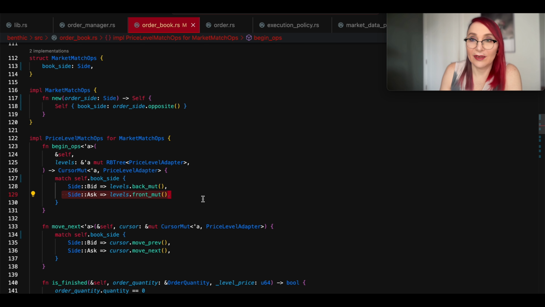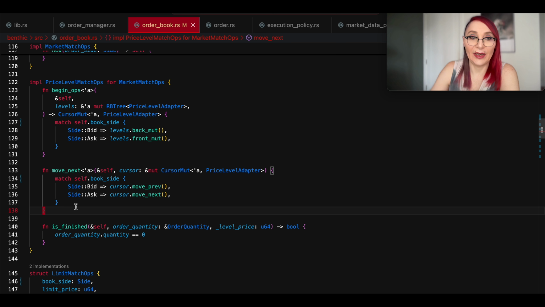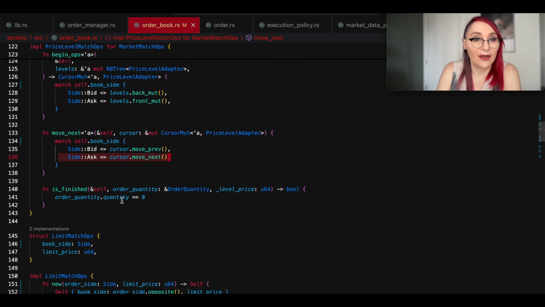If it's an ask side, we go from the lowest price and we go higher and higher, right? So this is our move next as well. So where for the bid side we go lower, lower, lower, move next goes previous. And this is our ask side, so move next is moving forward, higher and higher prices. For the market order, we finish when the quantity on the order is 0.